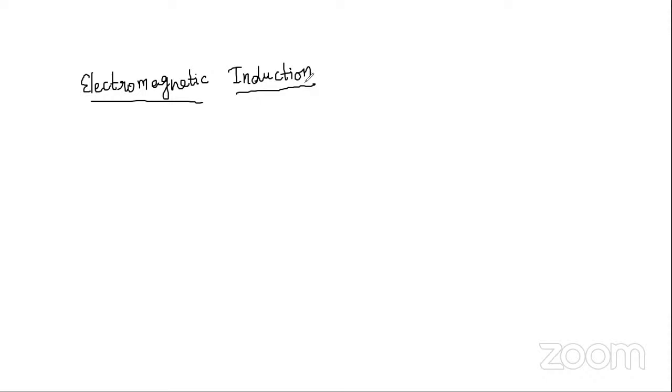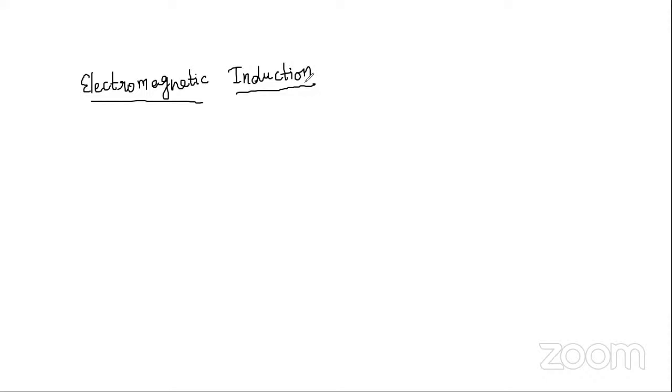Yes, please tell me. The process of generating electric current by using the magnetic field, sir. Or to be more precise, by changing the value of the magnetic field. You should actually change the magnetic flux linked with the coil.